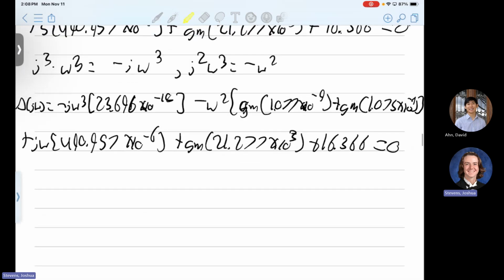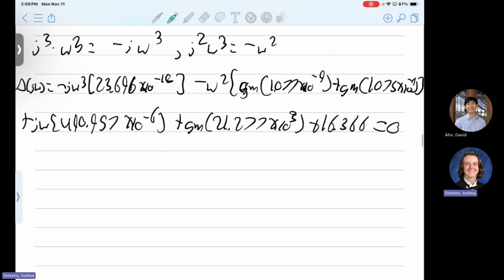The imaginary part just has omega in it, but the real part has omega and GM. So you need to find omega first to find GM. Does that make sense? So I'm going to take the imaginary part first.